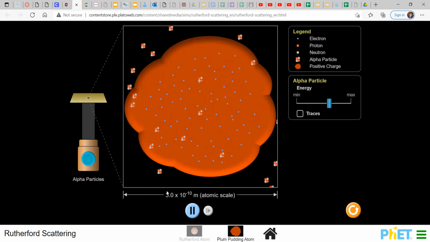On the atomic scale, this is 3 times 10 to the negative 10 meters. Very small. And you see that we're shooting these alpha particles, these positively charged particles, through the electron cloud, the plum pudding model. And if this were the case, they would all pass through.